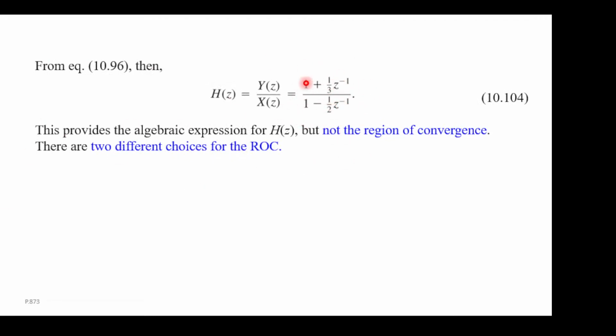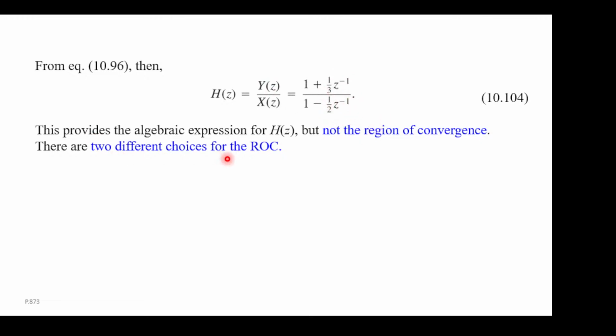But maybe the polynomial in z minus 1 form is more useful, because if you want to do the inverse Z transform to get back to small h, then you want to do partial fraction expansion on this. And that'll be easier when you have z minus 1 terms.